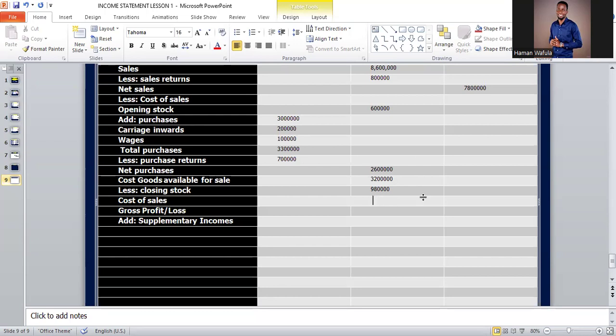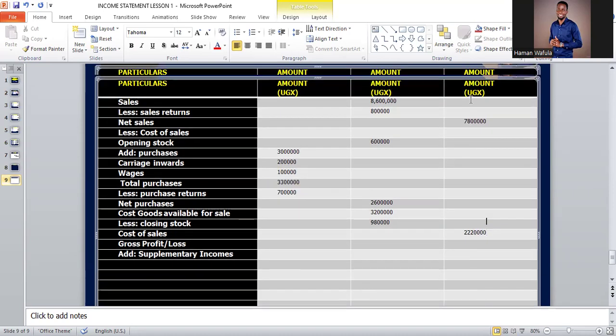Now we are subtracting the closing stock so that we know how much the goods that were sold cost. So that is 3.2 million minus 980,000 equals 2.220 million. That is our cost of sales.